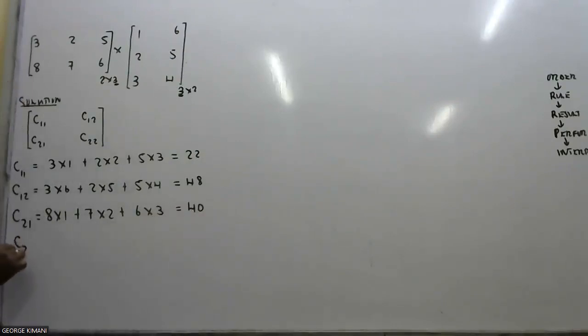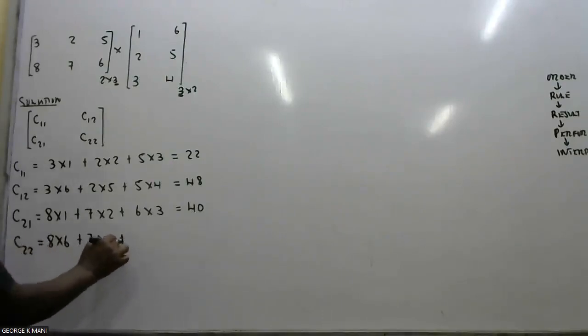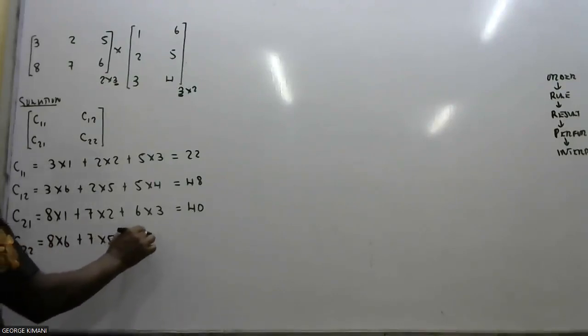And C22, it is 8 times 6 plus 7 times 5 plus 6 times 4.